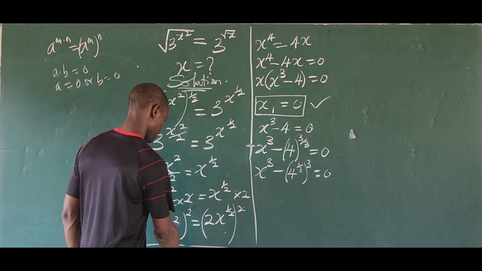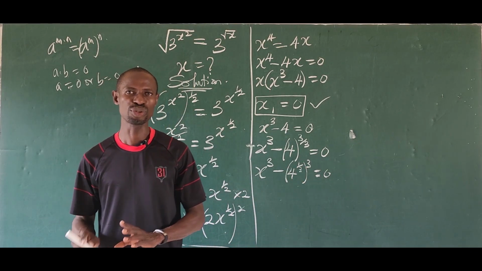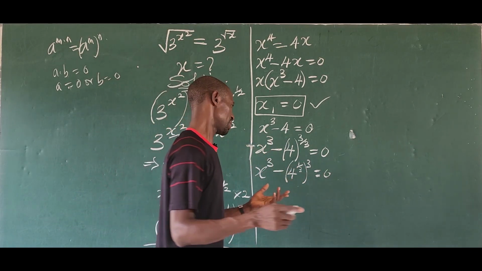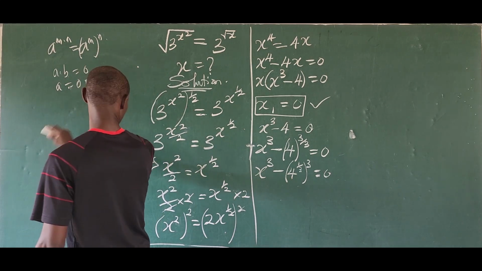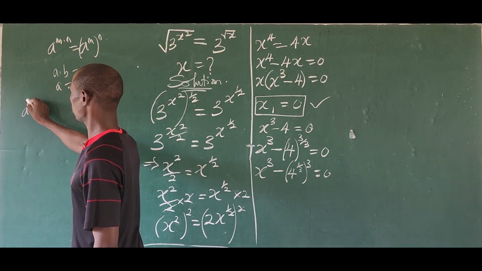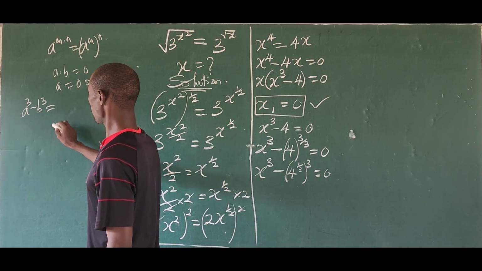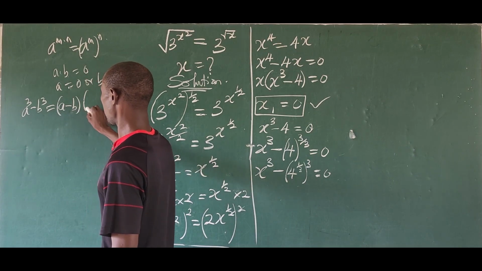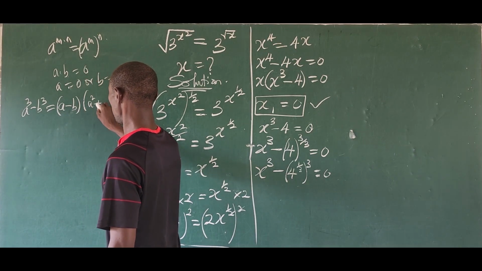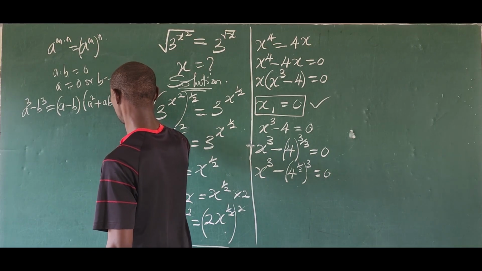So with this, we now have what we call our difference of 2 cubes. So it says that when you have, let's use a, a to the power of 3 minus b to the power of 3, this is equal to a minus b, or in bracket, a squared plus ab plus b squared.